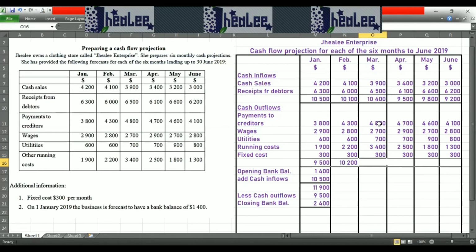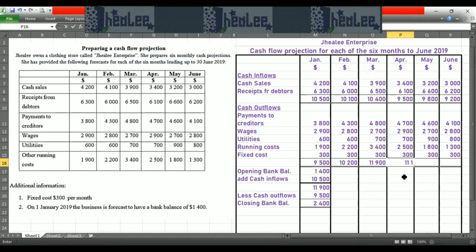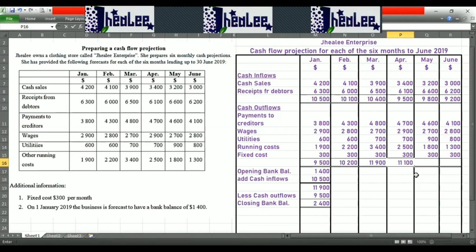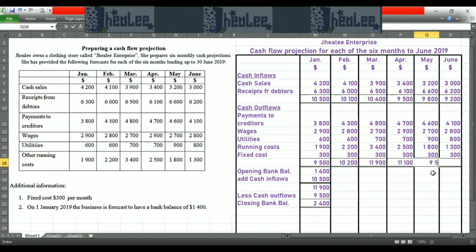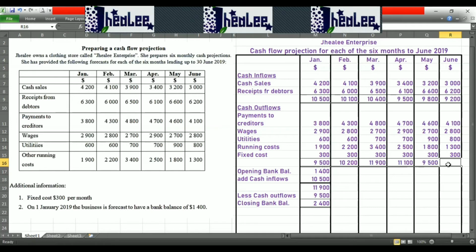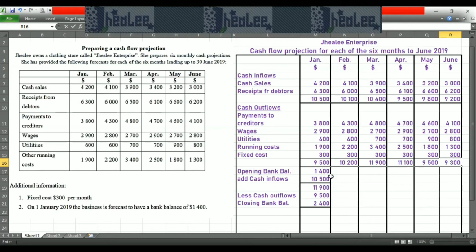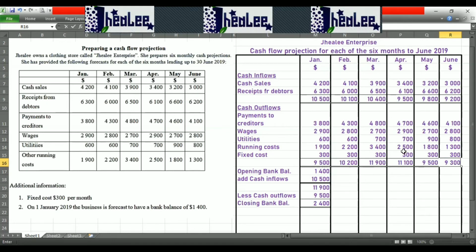For March, you're adding payments to creditors down to fixed costs, all of these figures, and that would give you a total of 11,900. For April, adding up all of these figures, our total is 11,100. For May, the total is 9,500. And for June, that is 9,300. So those are the total outflows for each month.